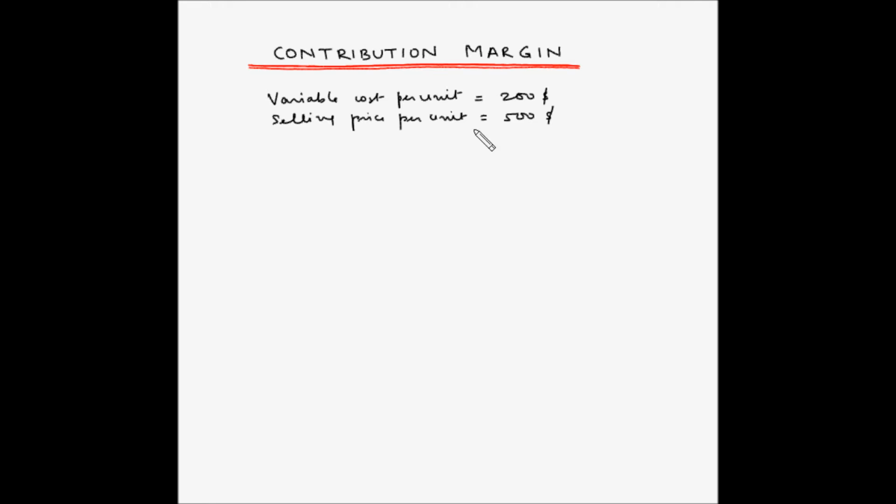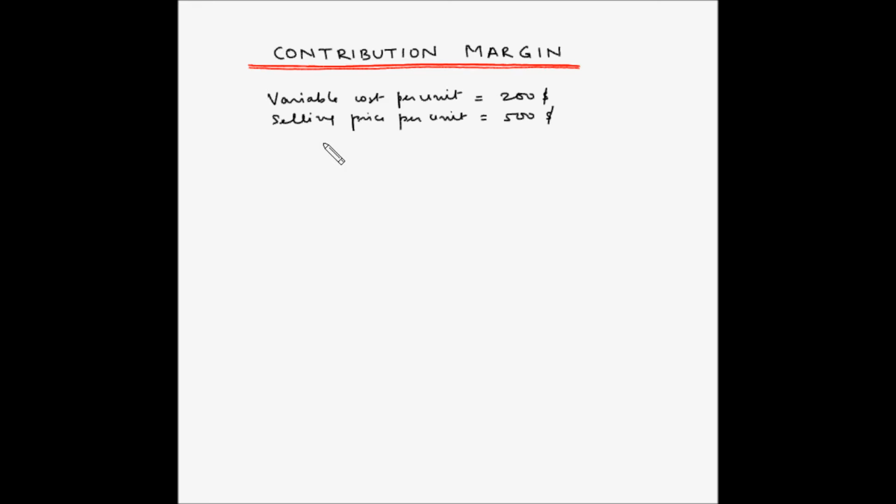So basically, of the $500 that you are getting after selling the PC, $200 is covered for the variable cost. However, out of this $500, we have to also cover the other cost, which is the fixed cost.